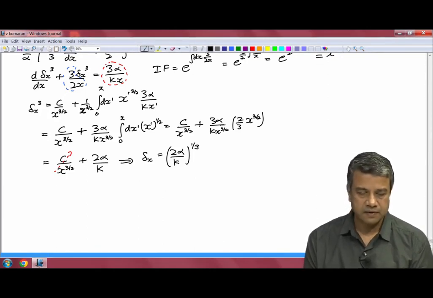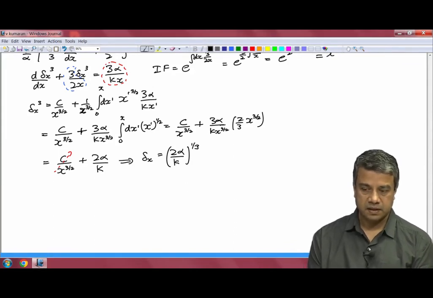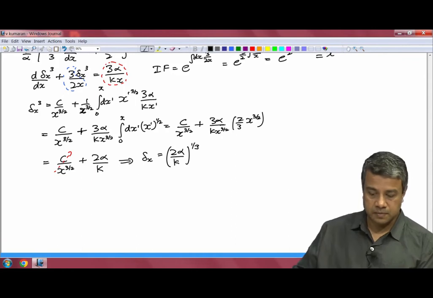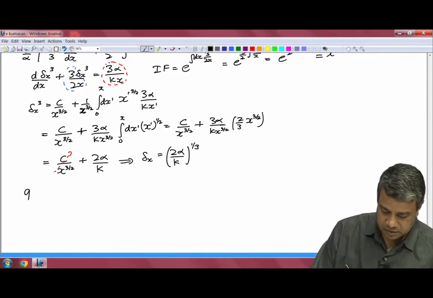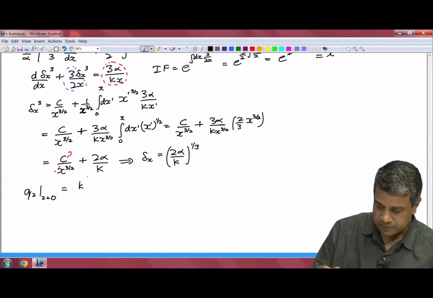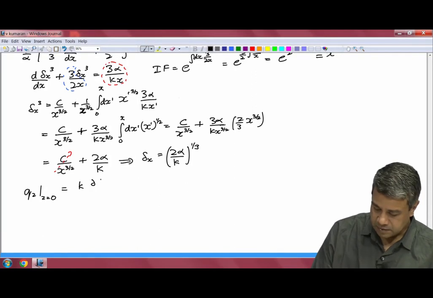Turns out that the flux as a function of x will be independent of x, because the boundary layer thickness is independent of x. So, q z at the surface z is equal to 0 is equal to k partial t by partial z at z is equal to 0.